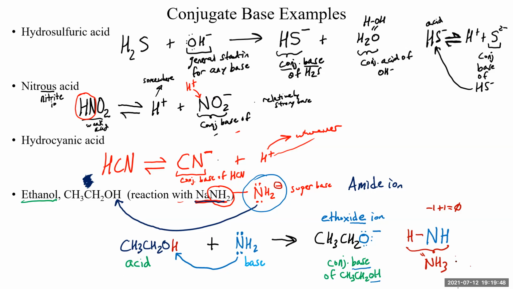So it turns out that ammonia, in this instance, is the conjugate acid of amide ion, NH2 minus. Or the other way you could see it is that amide ion is the conjugate base of ammonia. So it's all relative.